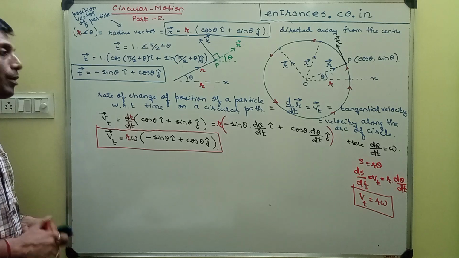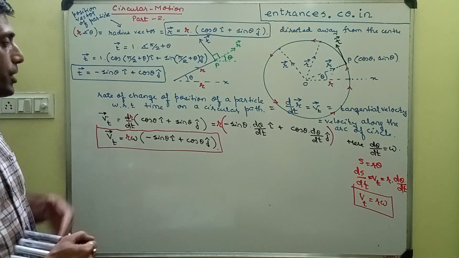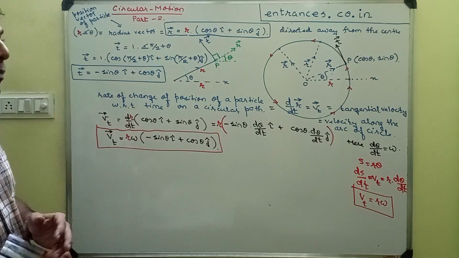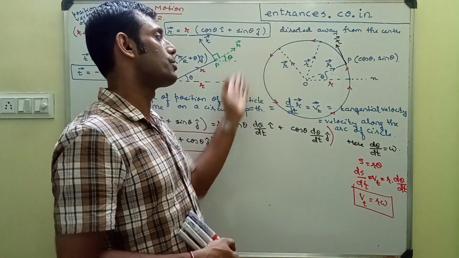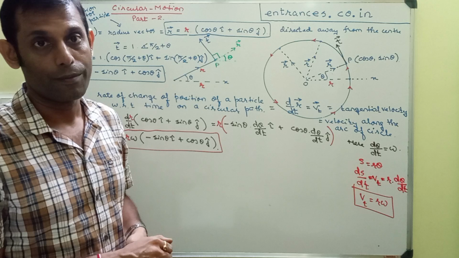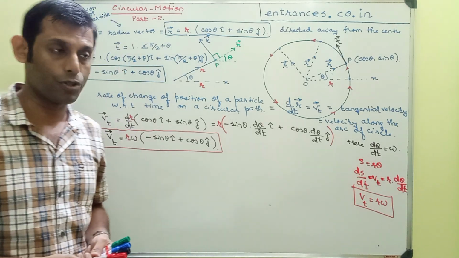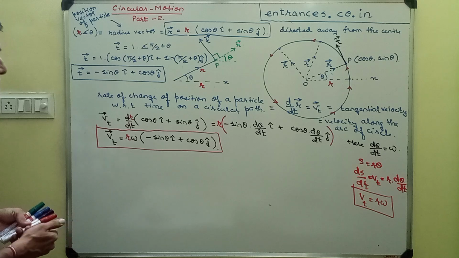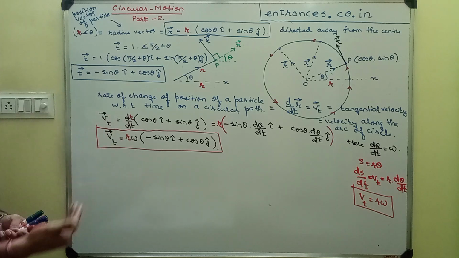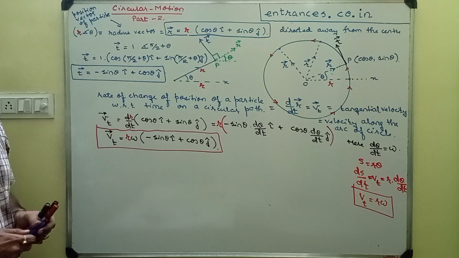So now we have the particle moving. It has gained velocity. Now maybe this velocity can change, and if the velocity changes, then it will be an accelerating particle, as can happen in any circular motion. This is quite possible. So let us define something which is the rate of change of tangential velocity along the arc of a circle.